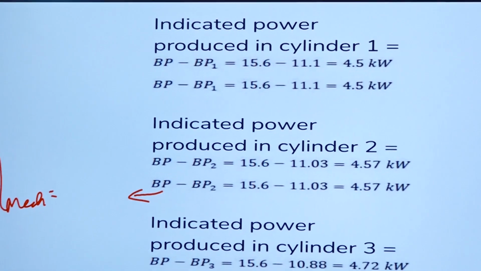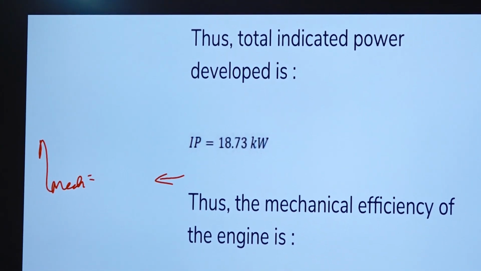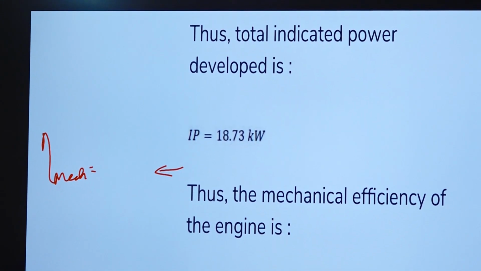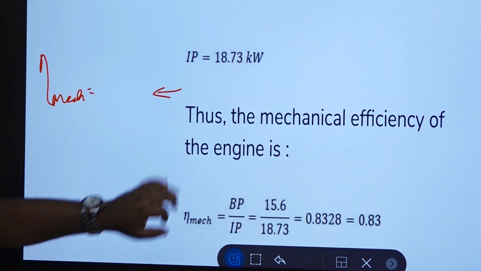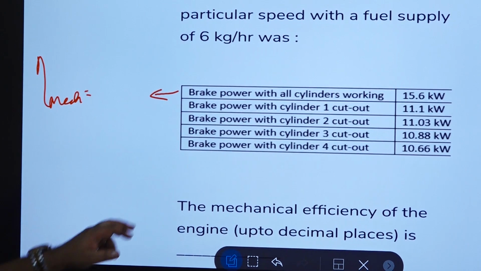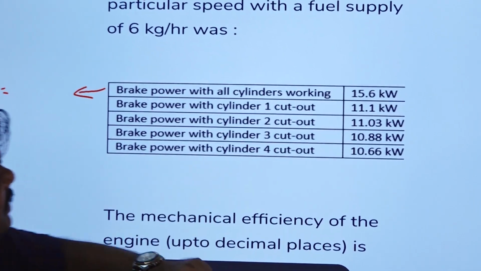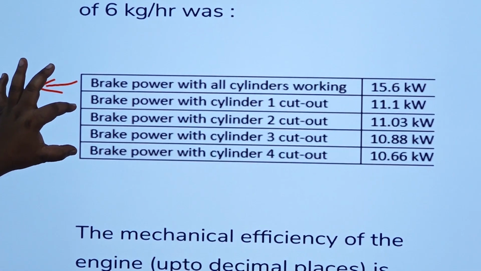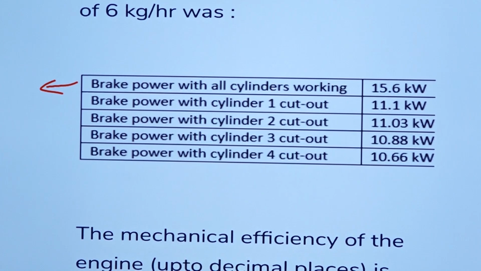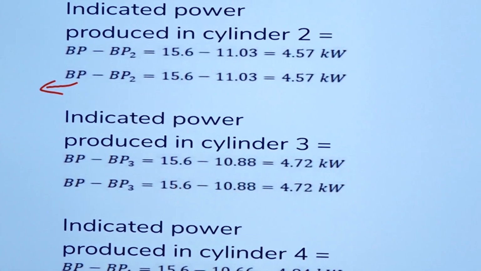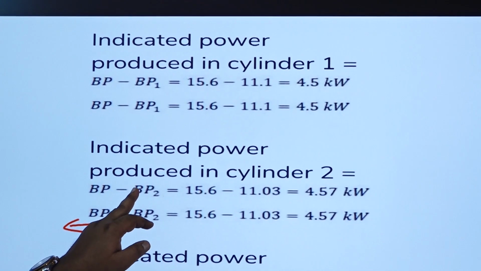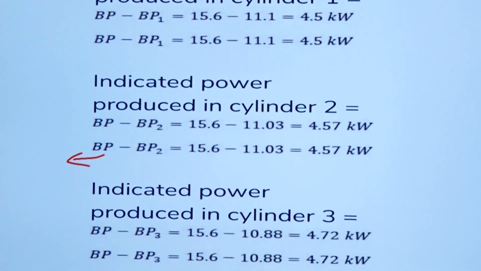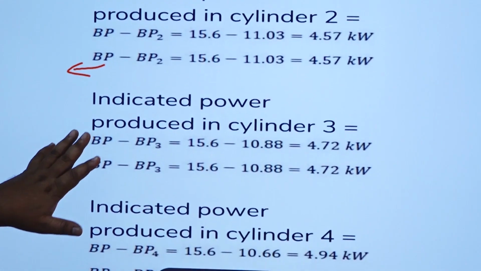We know the formula for mechanical efficiency, that is brake power by indicated power. The total brake power is given as 15.6. For each and every cylinder, you have to find the value of the indicated power produced in cylinder 1, cylinder 2, cylinder 3, and cylinder 4. It is a simple calculation.